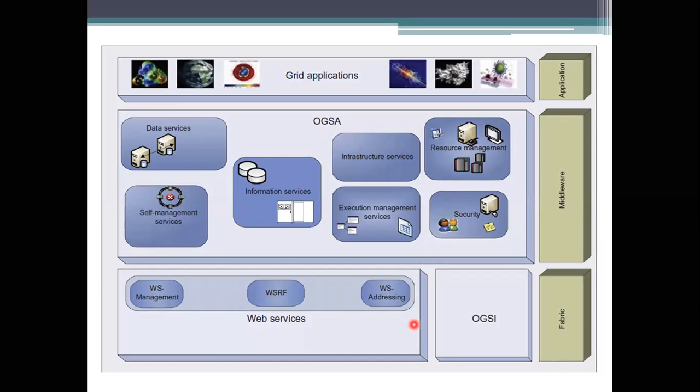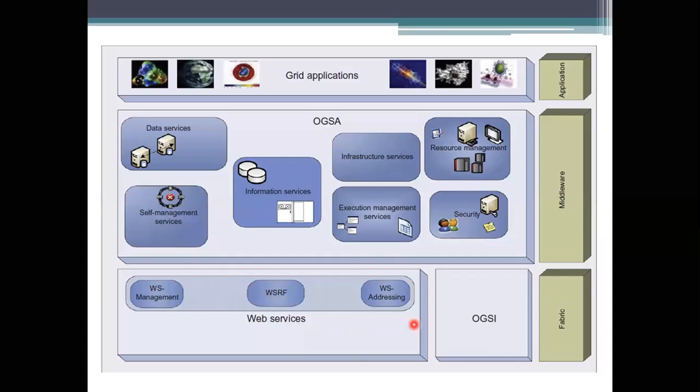That's why it is maintaining a middleware, and we need to build from these standard-based components. These standard-based components are specified as grid services.